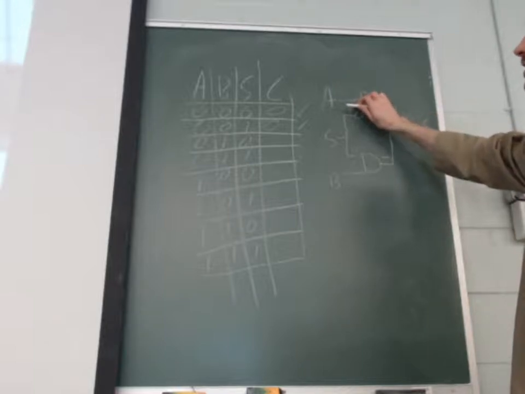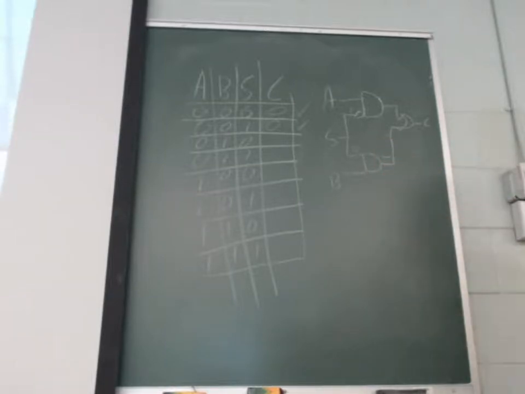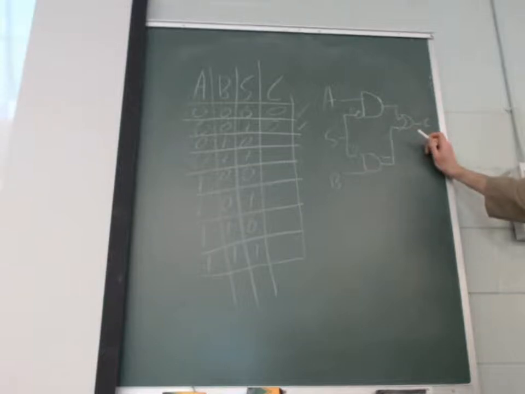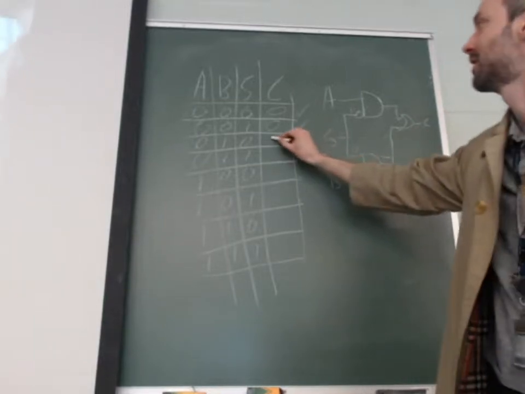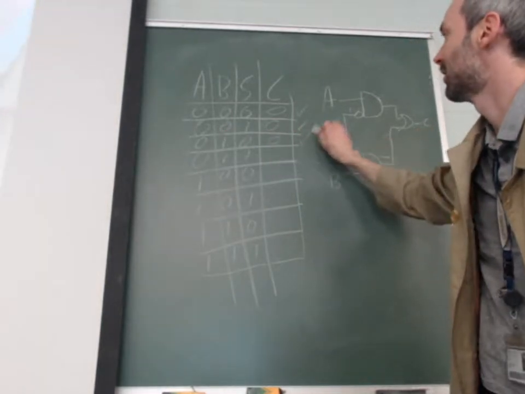A is 0. 0 and 1 is 0. S is 0. B is 1, but 0 and 1 is 0, and then we have 2 zeros going to the OR, so C is 0. So we're selecting A, and A is 0, so C is 0.